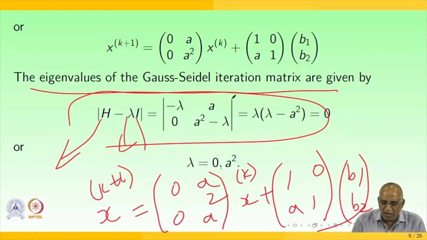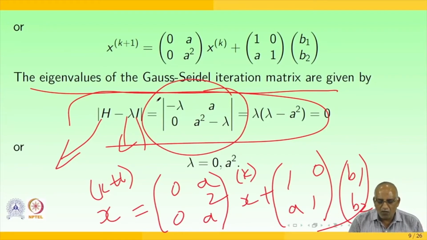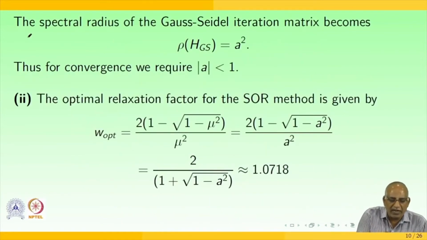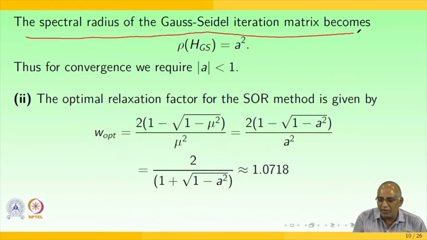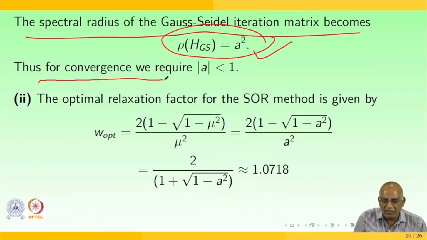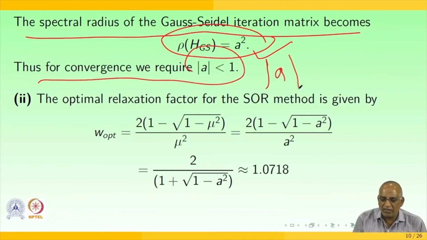So H minus lambda I will become mod of minus lambda a, 0 a square minus lambda, which will become lambda times of lambda minus a square is 0. The spectral radius of the Gauss-Seidel iteration matrix becomes rho of H_GS is equal to a square. Thus the convergence we require is, that is modulus of a is less than 1.